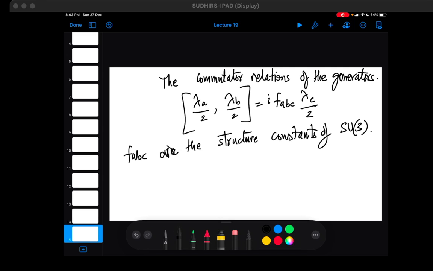The structure constants of SU3, these f ABC, are completely antisymmetric, and they're actually determined completely. So let me write down these structure constants for completeness.